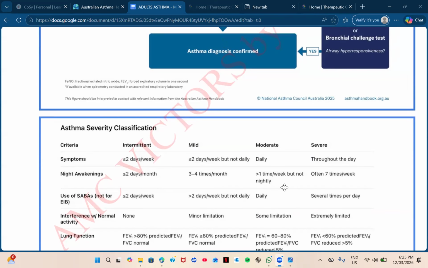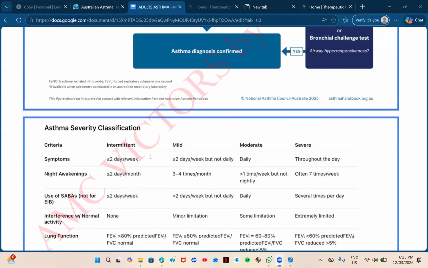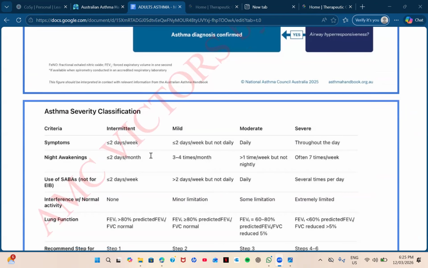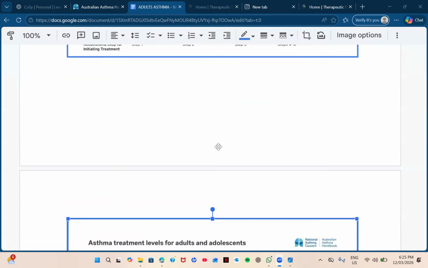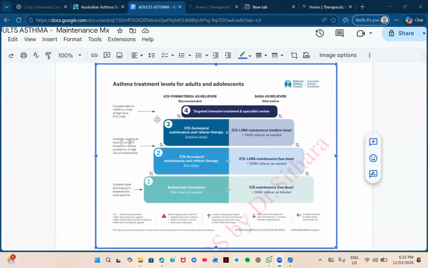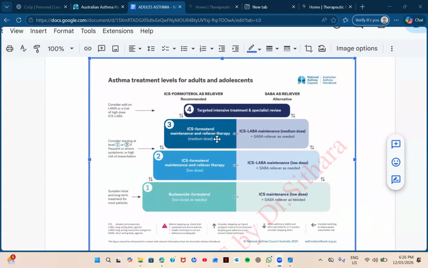Like that. I know everyone knows about this chart, and you don't need to remember everything, doctors. I will show which specific points you should remember. This is the chart they have given in the asthma handbook, and this is the easiest chart.